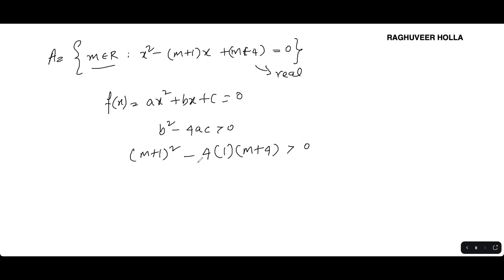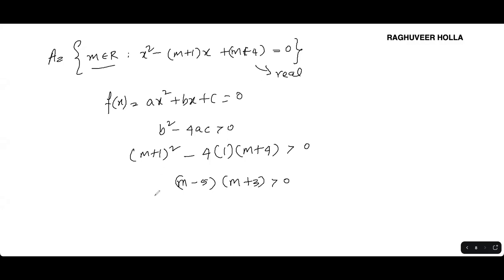So if you look at this, when solving this, you get m minus 5 and m plus 3, which is greater than 0. So further, looking into this, m minus 5 is greater than 0 and m plus 3 is greater than 0, or m is greater than 5 and m is greater than minus 3.